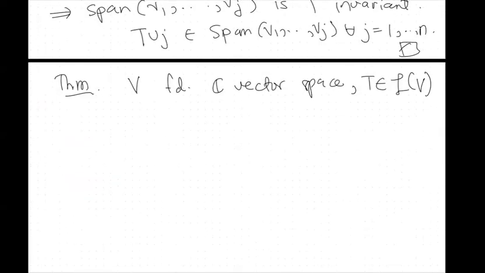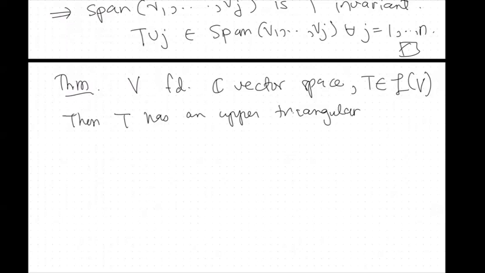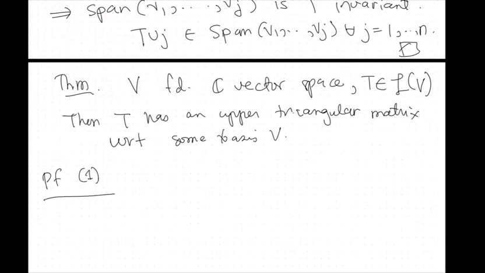Then the result is that T has an upper triangular matrix with respect to some basis of V. All right. So for the proof, I will use the first proof in the book and explain it.